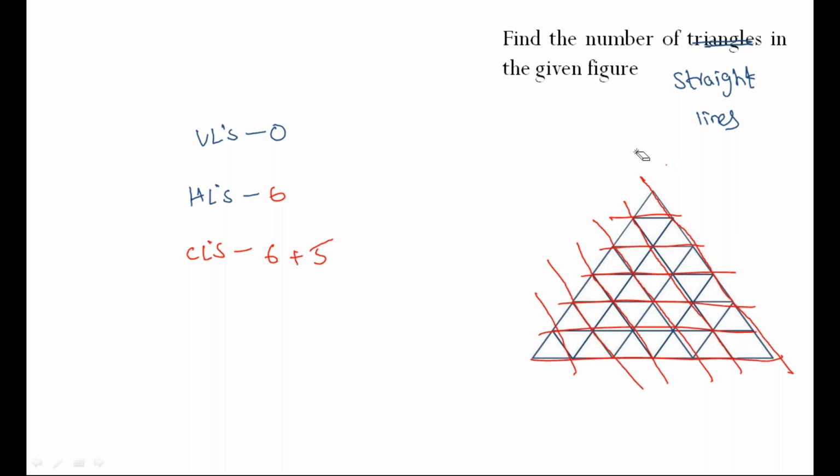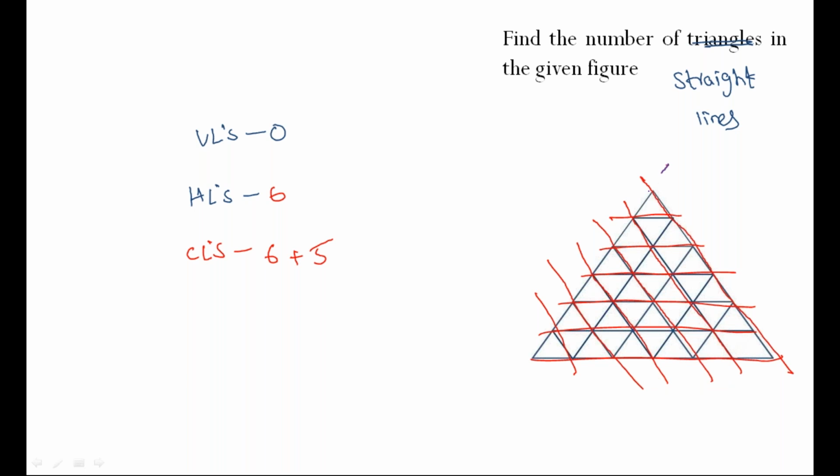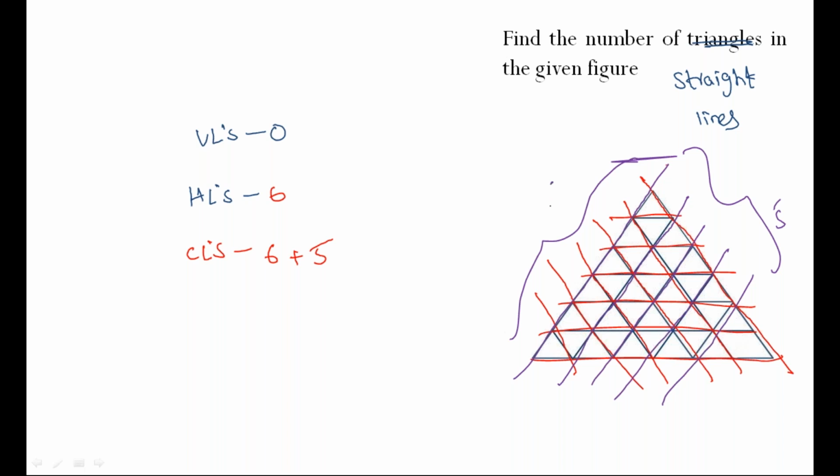Now I'll mark the other cross lines. Okay, now see this. This is 1, the second cross line, third one, fourth one. Now we have only 5. These are only 5, and the other cross lines are 6. That's why in total we got 11 plus 6, 17 straight lines in this diagram.